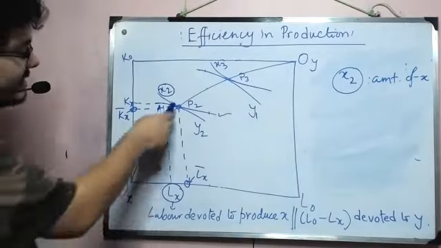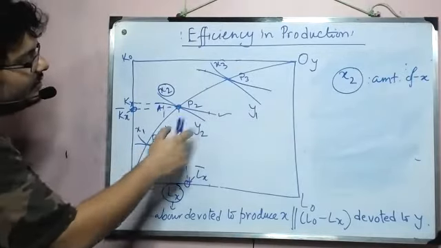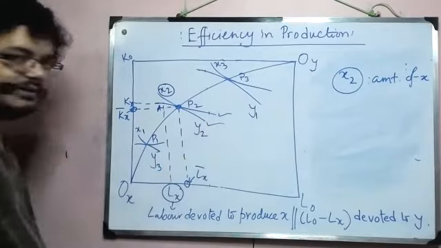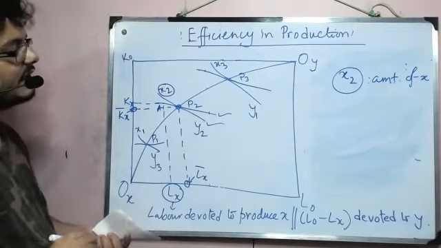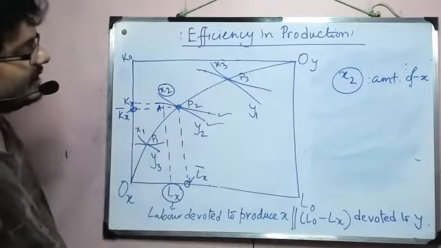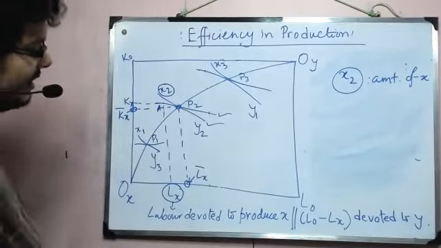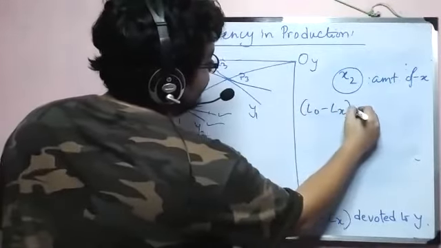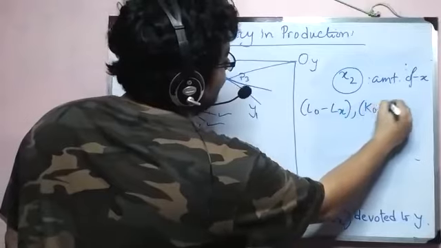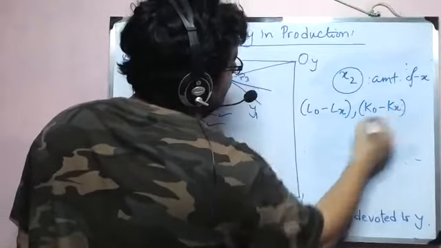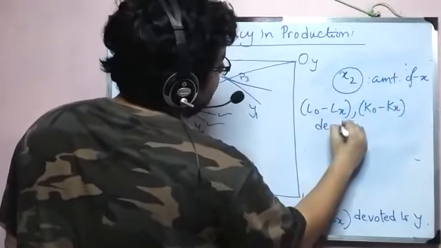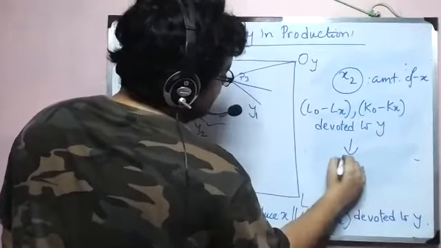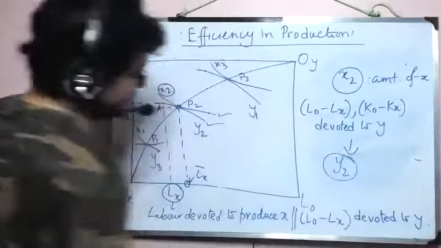Similarly, since it's a tangential point, we have the isoquant Y2 also here, okay, Y2 here, which is convex to OY, and that signifies that if I devote this amount to the production of Y, then the resultant amount will be Y2, right?